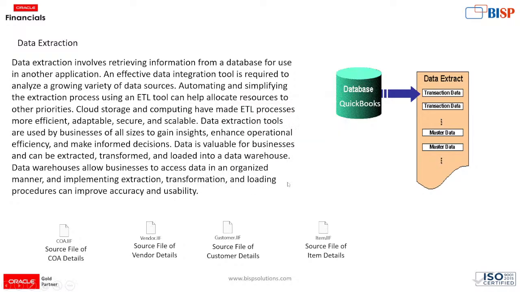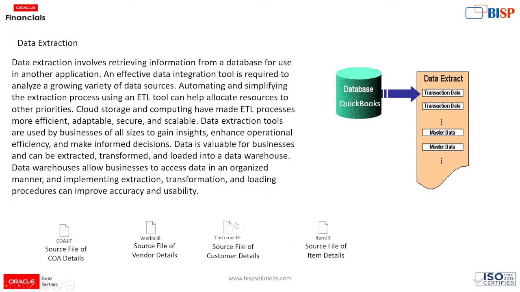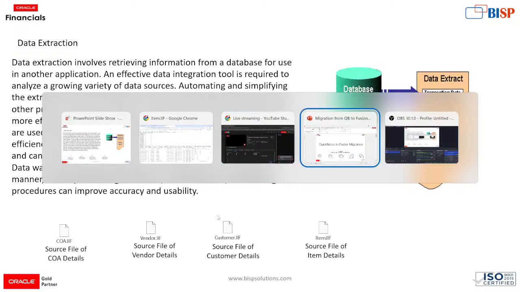Let's open that also, item detail. Here we are. Out here, you can see that item has been provided. So these are the item details, that is inventory details, which have been extracted from the source system, or say the QuickBooks system, right?